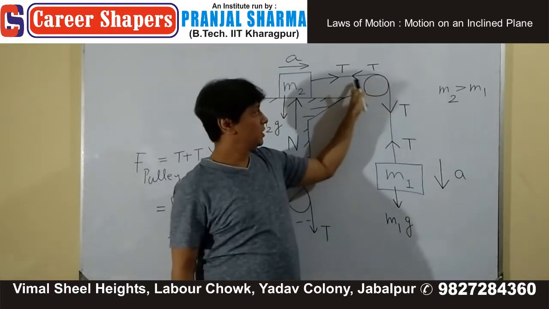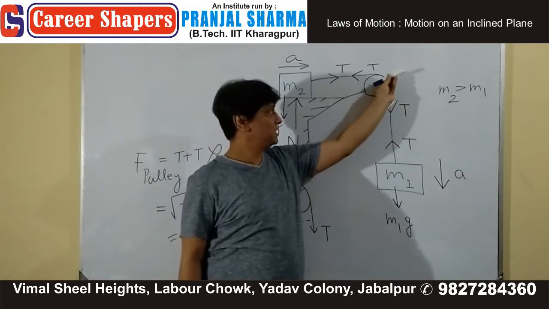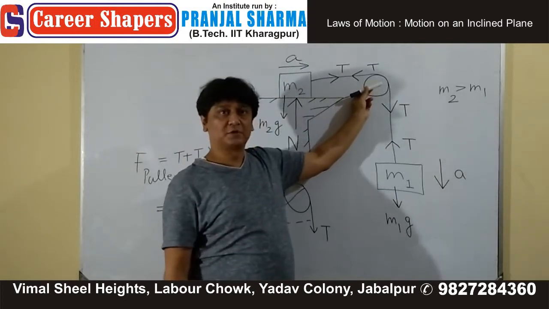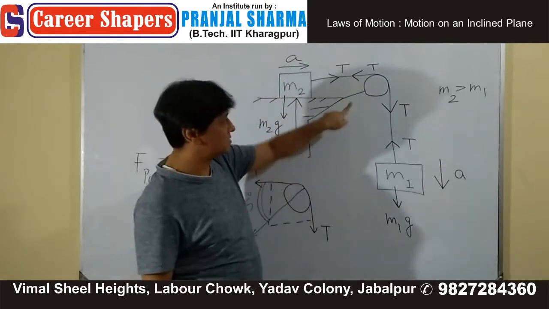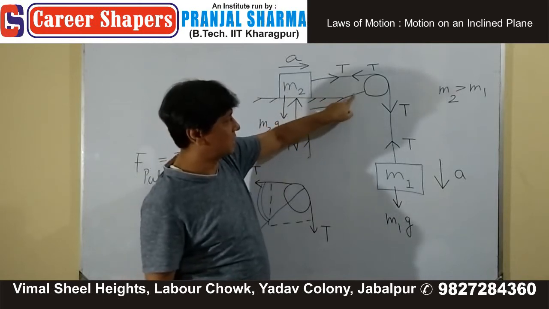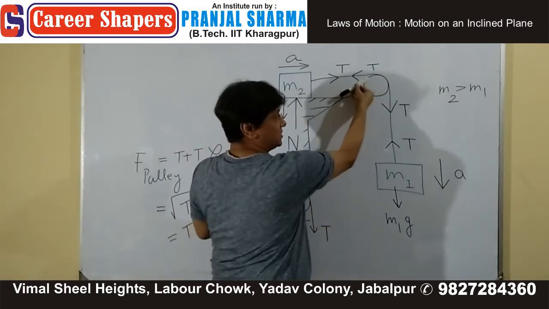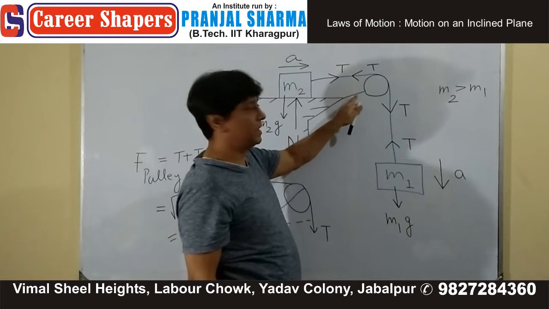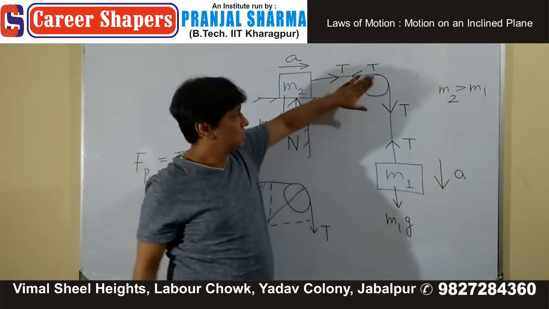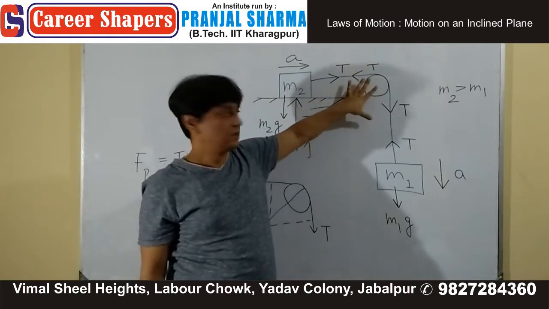समझना, ये रोप के दोनों पार्ट इस पुली को इस तरफ पुश कर रहे हैं. Because of this, you need to provide a support like this. ये सपोर्ट क्या कर रहा है, जो टेबल से आ रहा है, रोप पुली को इस तरफ पुश कर रही है, ये सपोर्ट इधर पुश कर रहा है, and that's how this pulley is kept at rest.